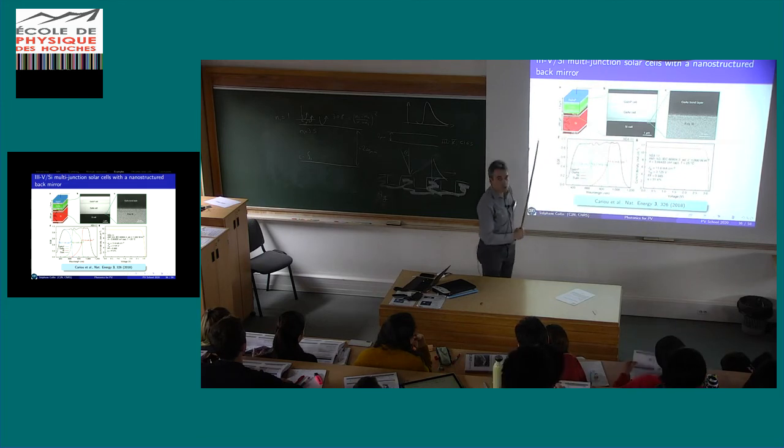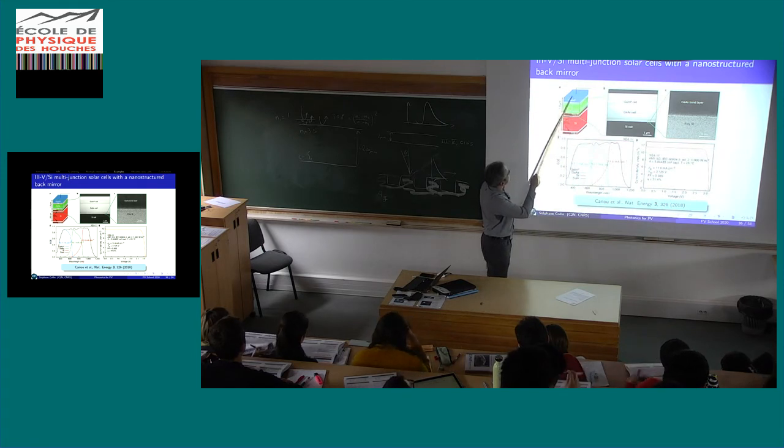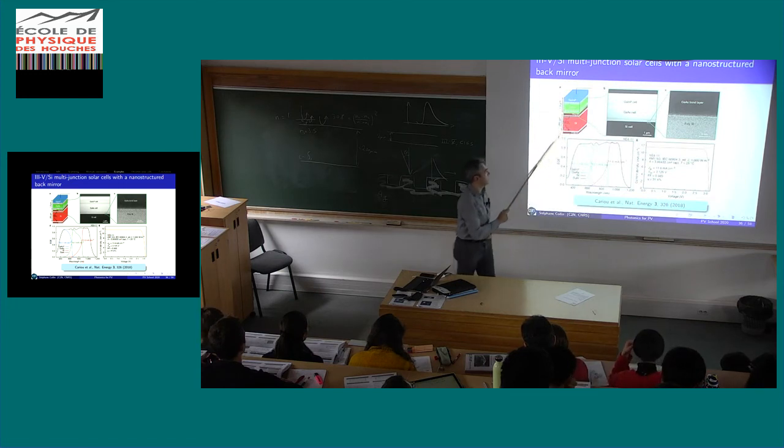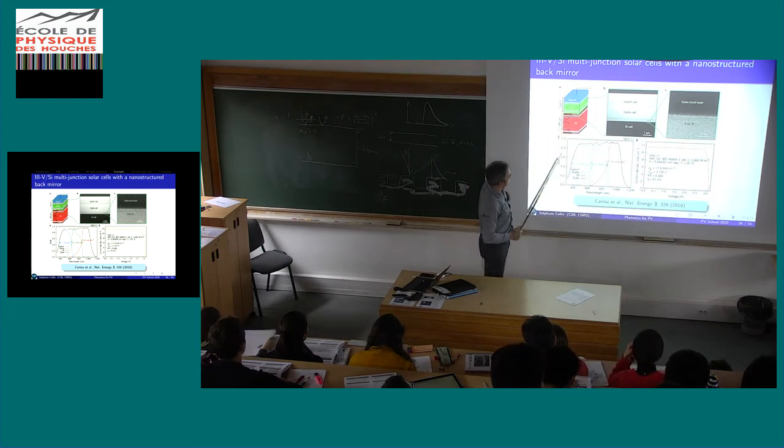So from the optical point of view, obviously you need a good anti-reflection coating, but then you have no high refractive index contrast because the refractive index of 3.5 is close to the refractive index of silicon.